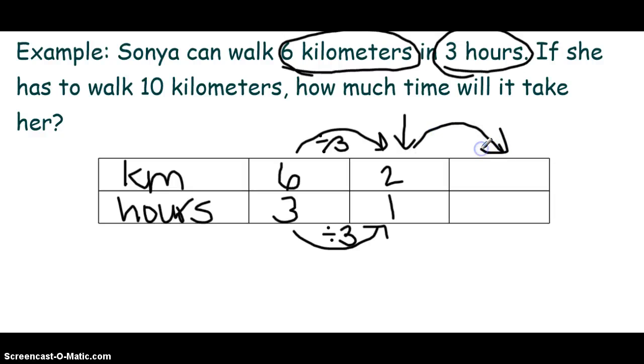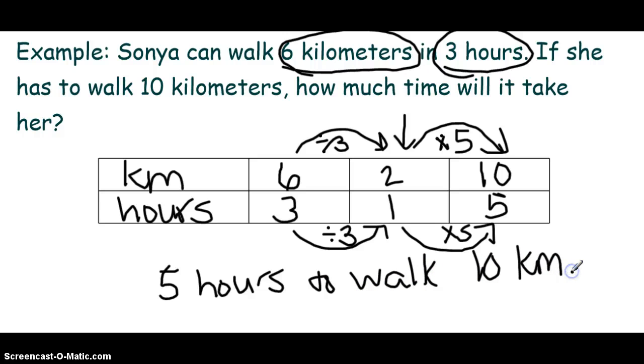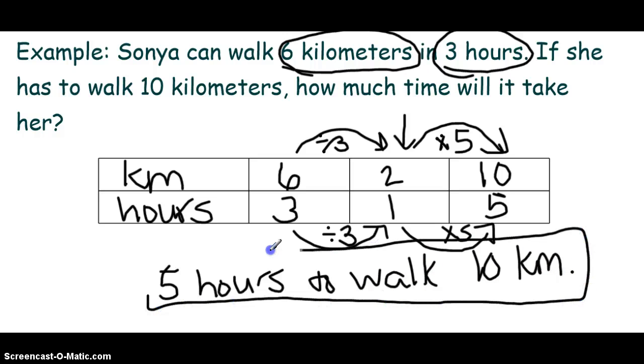If we know that, how long will it take her to walk 10 kilometers? Well, to go from 2 to 10, we multiply by 5. So it will take her 5 hours to walk 10 kilometers. Sometimes it's easiest to find the unit rate first and then go from the unit rate to solve the rest of your problem if it's asking you to change to something other than 1 unit.